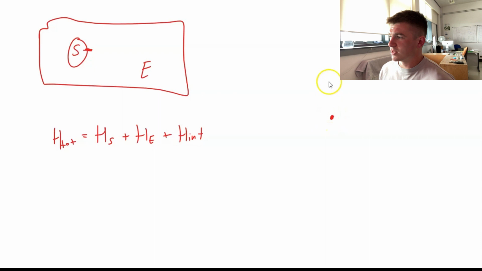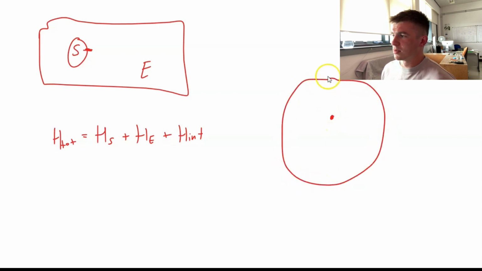So if our qubit is very small and it's surrounded by a large environment, then the interaction, which is going to be proportional to the surface area of the qubit, is going to be of a comparable size to the system Hamiltonian itself, which is going to be proportional to its volume.